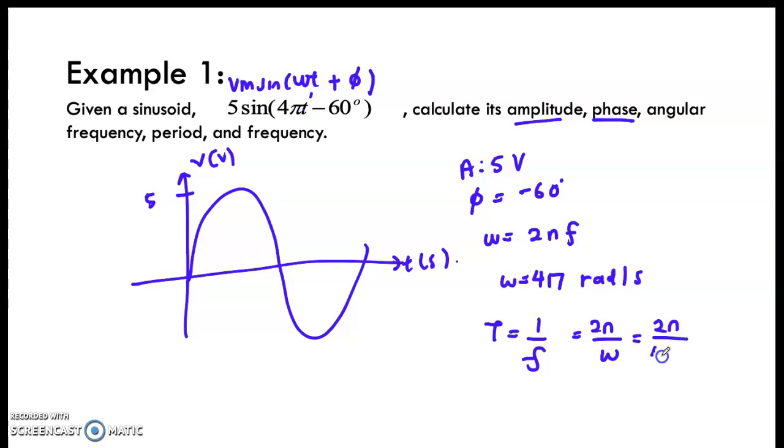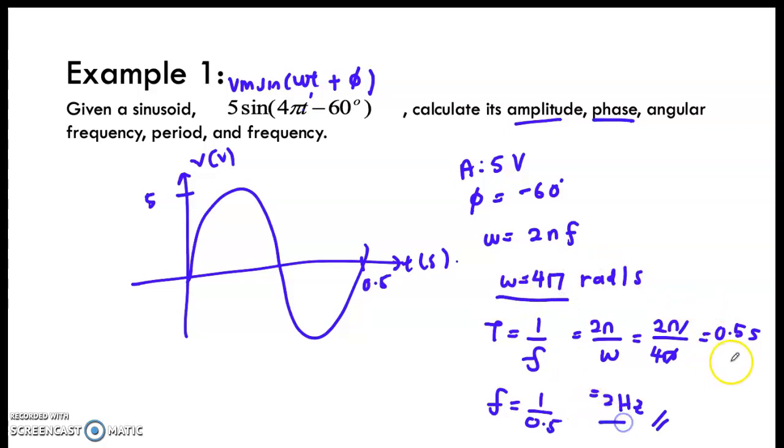So you just divide by 4 pi, so it becomes 0.5 seconds. The whole period here is 0.5, and the last one, what is the frequency? 1 divided by 0.5 is equal to 2 Hz. So this is the cyclic frequency, this is the angular frequency, this is the period, this is the phase, and this is the amplitude.